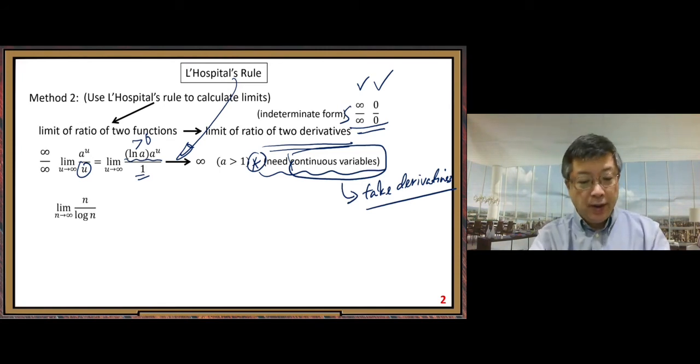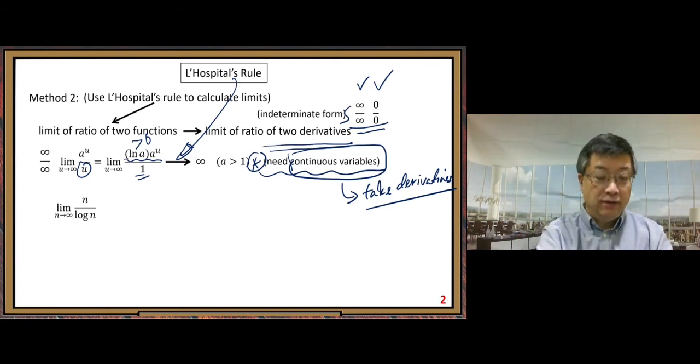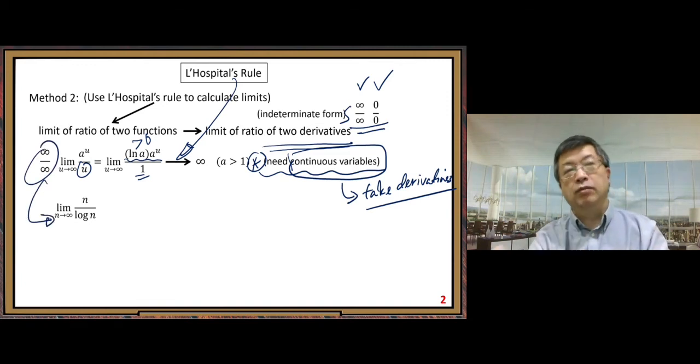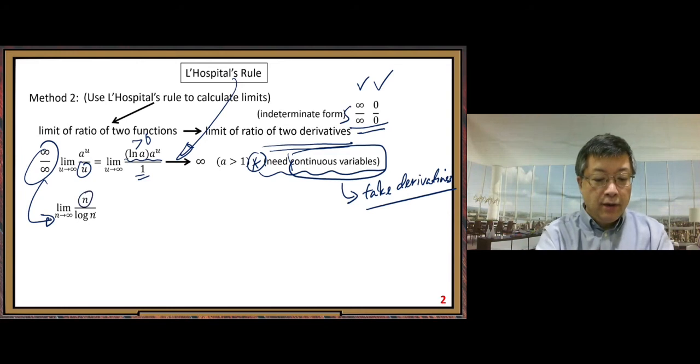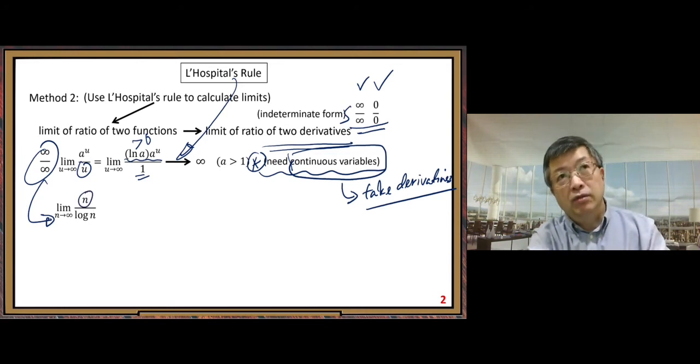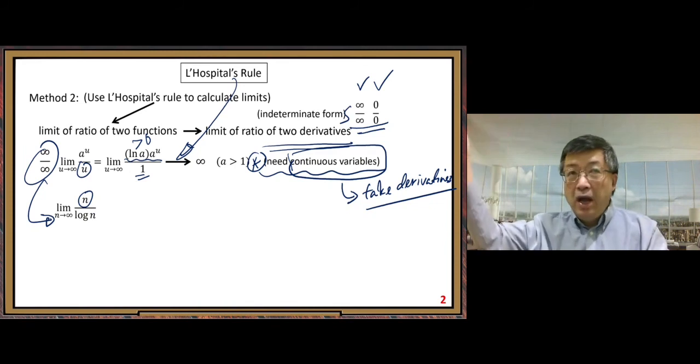All right, so look at this limit. This is an indeterminate form, right? This is infinity over infinity indeterminate form. So we can apply the L'Hôpital's rule. But before you apply it, note this is not a continuous variable, and can only take 1, 2, 3, 4, 5.